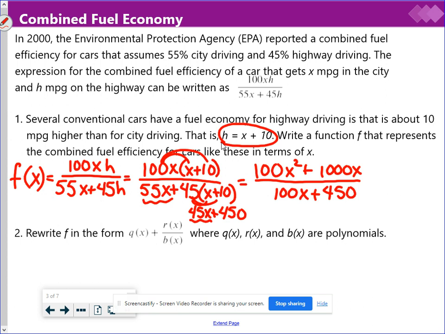Write that f function in this form. This is what we're doing today. They want us to do this division so I can have the division part, and then the remainder part goes over the original divisor, right? They want us to clean this up as much as I can.